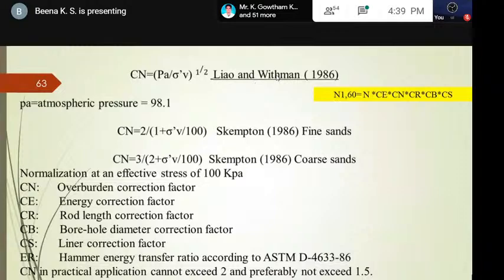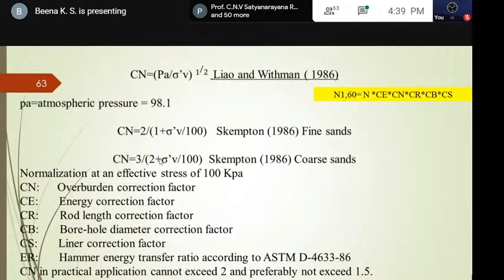And Liao and Whitman have given this equation for finding the CN: atmospheric pressure divided by the effective overburden pressure, to the half. So here, the normalization at an effective stress of 100 kPa is again done.